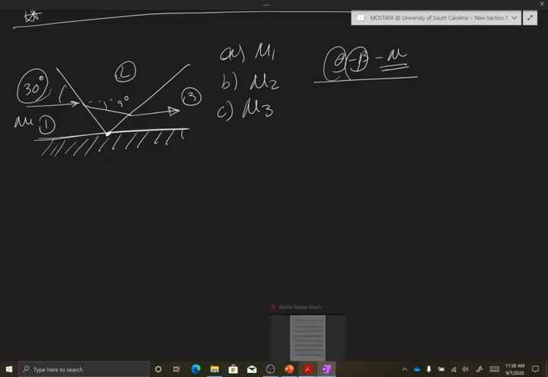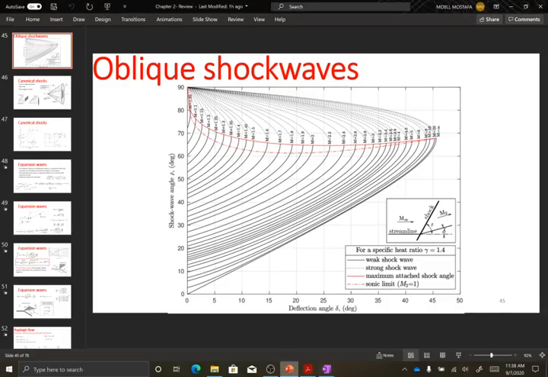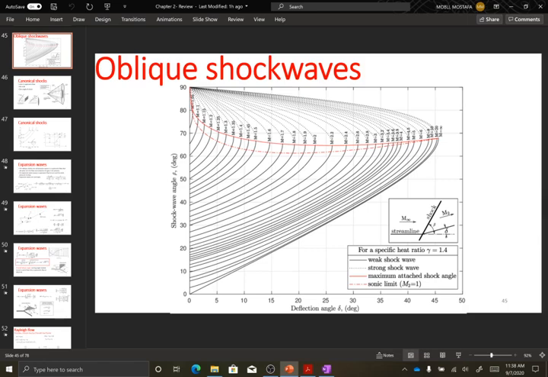So what we need to do is go back to this plot and find the Mach number related to the beta of 30 degrees and theta of 9 degrees.